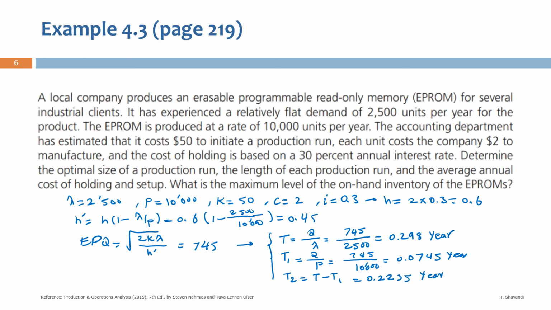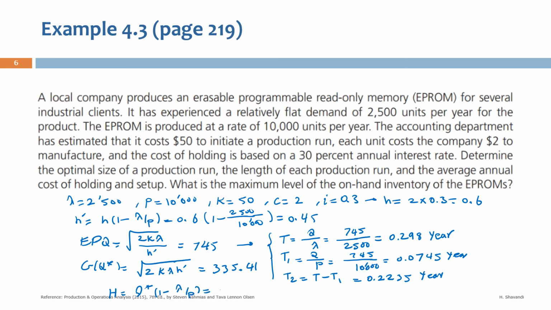Okay, and the average annual ordering and holding cost, G(Q*), here will be 2Kλ H prime under the square root, so it will be 335.41 dollars.